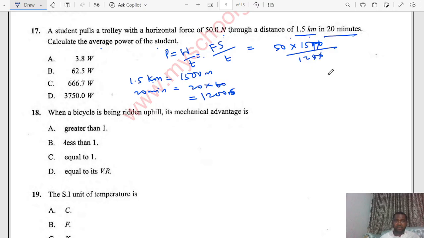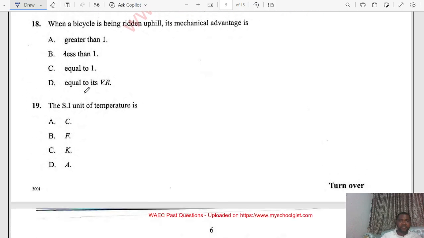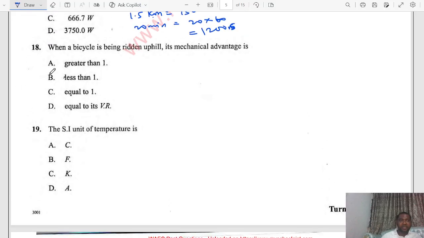So I'm going to have 50 times 15 divided by 12. This is giving us 62.5 watts. Beautiful, easy, right?